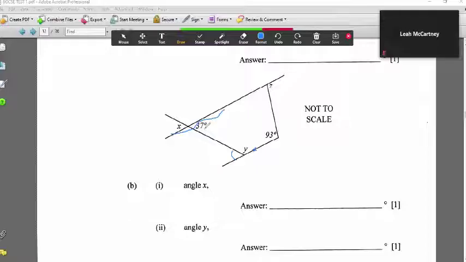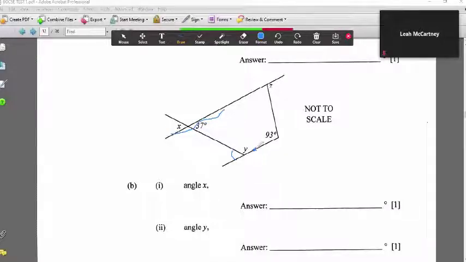Okay, so therefore, if this angle here is 37, 180 degrees minus 37 will give you what y is. That's what you're going to have to know. And I don't know if they teach this, or if you go over it in your geometry section for your courses, properties of these geometrical shapes and identities, but certain stuff you're just going to have to know. So these two are equal, the x and the 37.